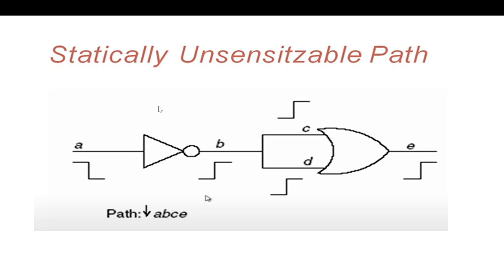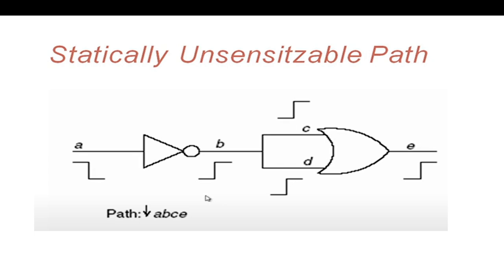Statically sensitizable, single path sensitizable. So what we say about a statically sensitizable path is that all of the off-inputs of a path can be assigned a non-controlling value by some vector.